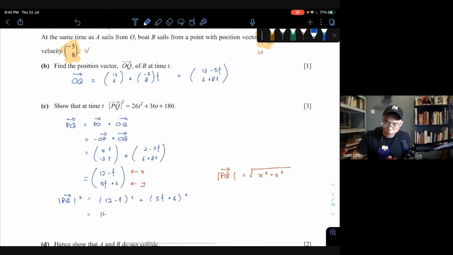Expand the brackets: 144 minus 24t plus t squared, then the second bracket, 25t squared plus 60t plus 36. You end up with 26t squared plus 36t plus 180. Proven.